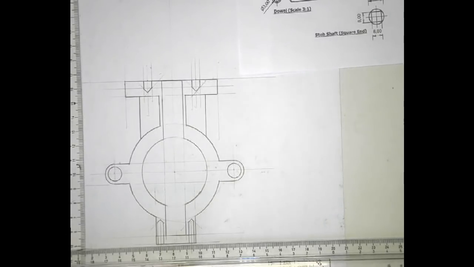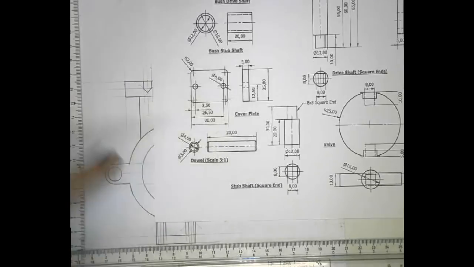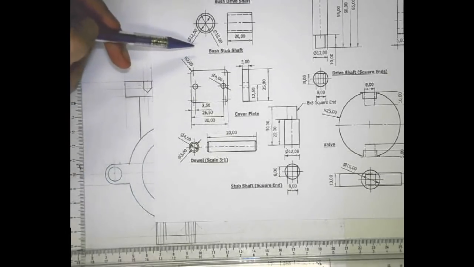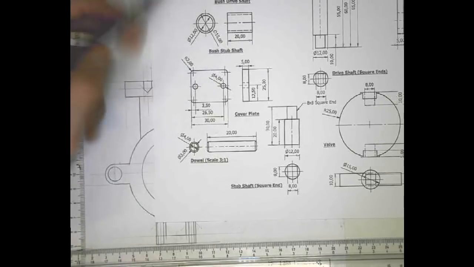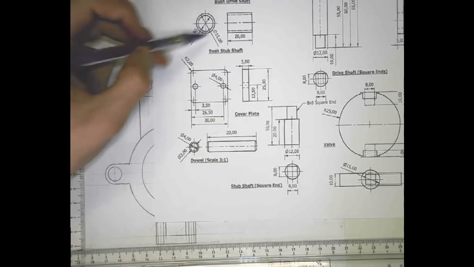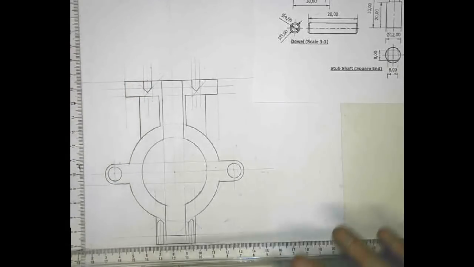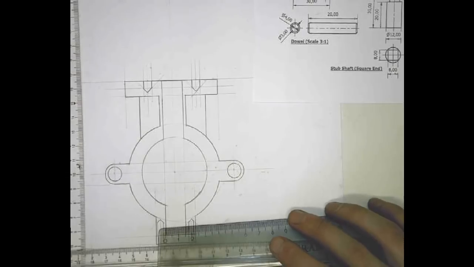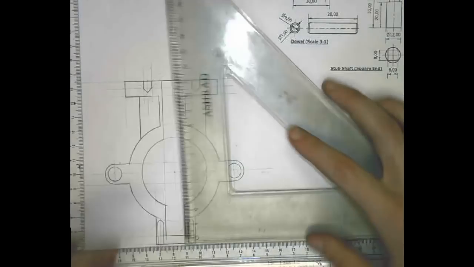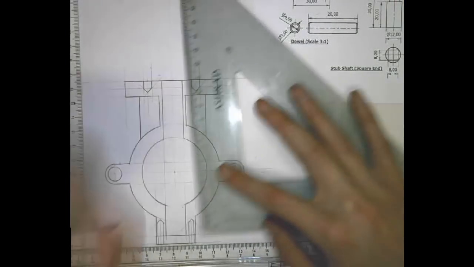The next thing to draw in will be the bush, your bush for your stub shaft, which is 20 millimeters long, and has a 12 millimeter inner diameter and a 15 millimeter outer diameter. The 15 millimeter outer diameter will be the same as the 15 millimeter diameter of the housing, so we just need to indicate the 20 millimeter length.